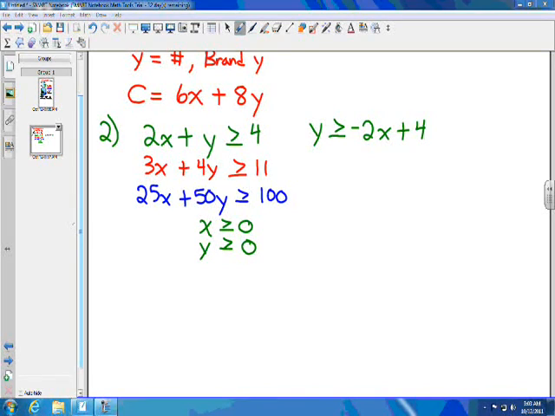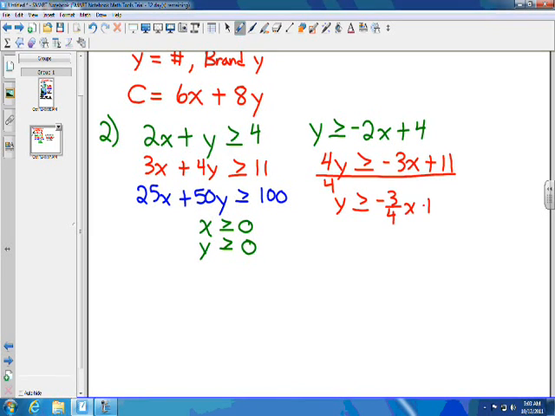For the red one, 4Y greater than or equal to negative 3X plus 11. And divided by 4, Y is greater than or equal to negative 3/4 X plus 11/4.